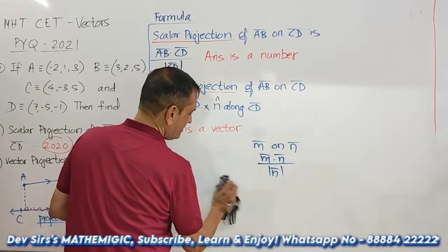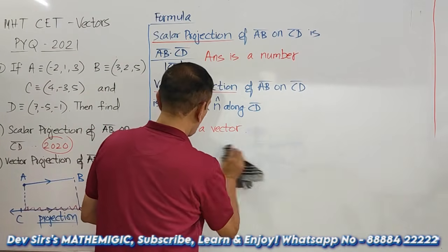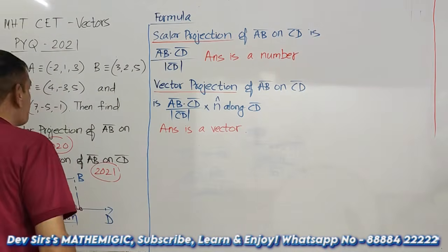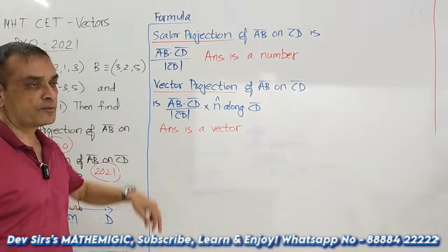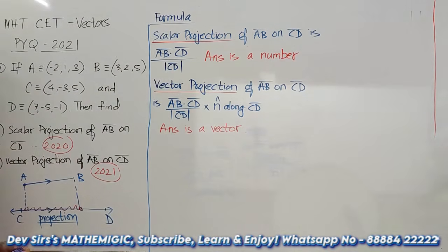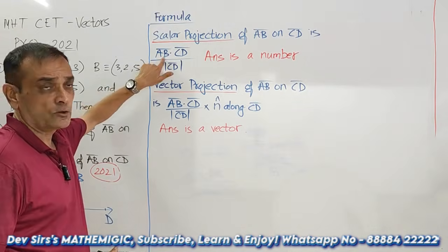Let us first find scalar projection 2020. Okay, shall we go ahead? So let us first find vector AB now.